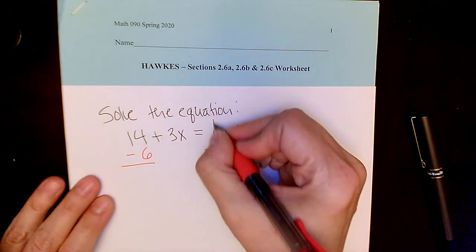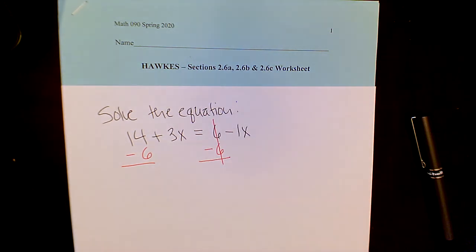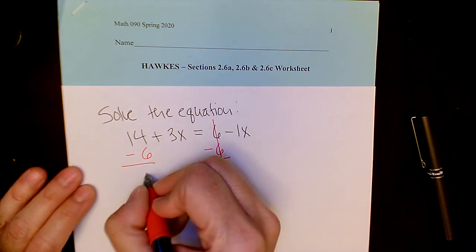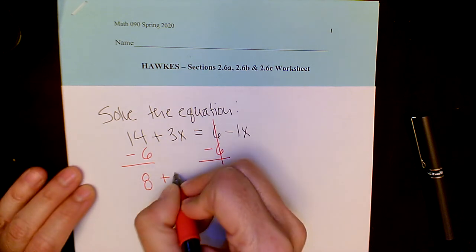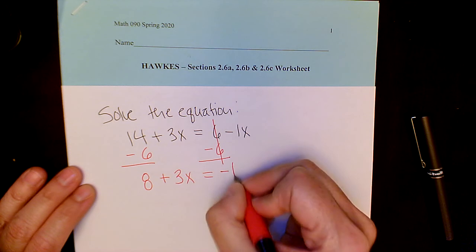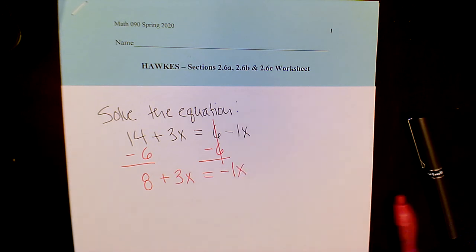Okay, so these go. And what's 14 minus 6? That's 8. I'm going to bring down the plus 3x. And again, you can say negative x or negative 1x, however you want.